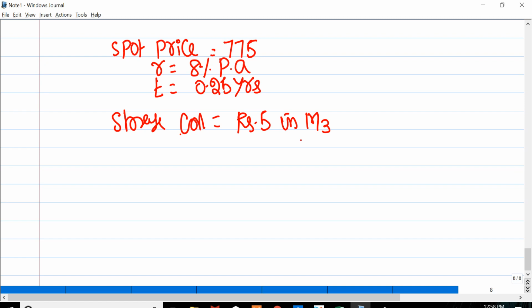It can keep changing. I assume here it is rupees 5 in month 3 only. If it's a monthly arrear, the normal understanding is that at the end of every month you have to pay it. So then only it will be a monthly charge.